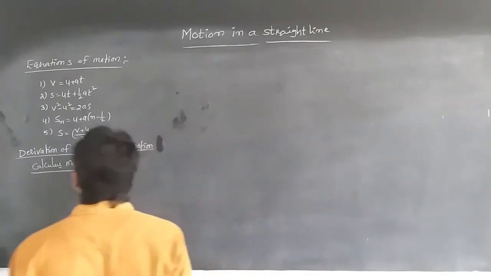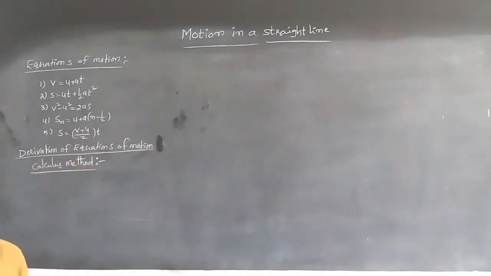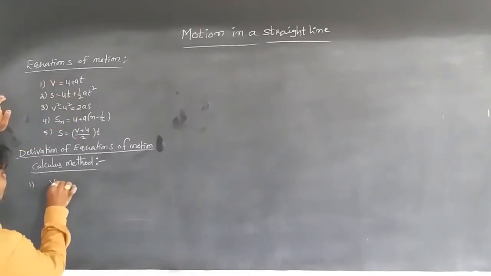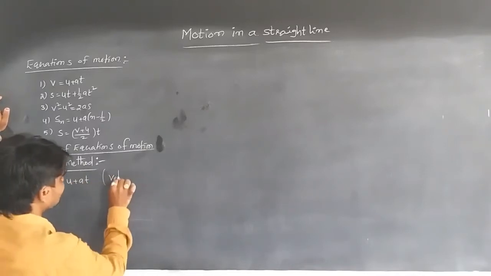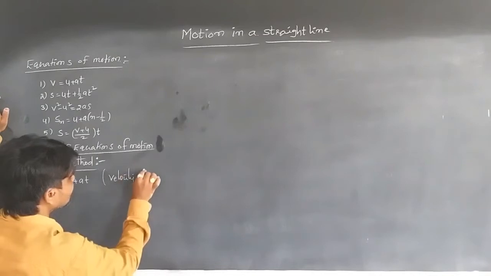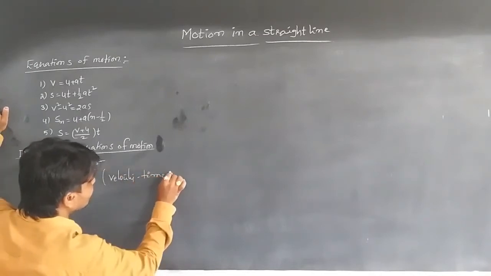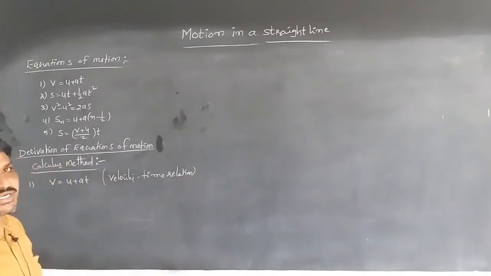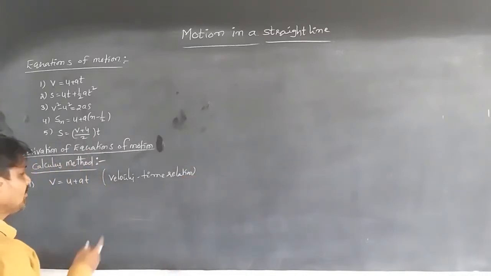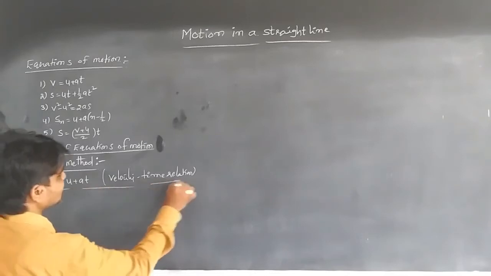Here we are going to derive these relations using the calculus method. First, v = u + at, the velocity-time relation. By using the calculus method, that is by integration, we can find this relation easily.